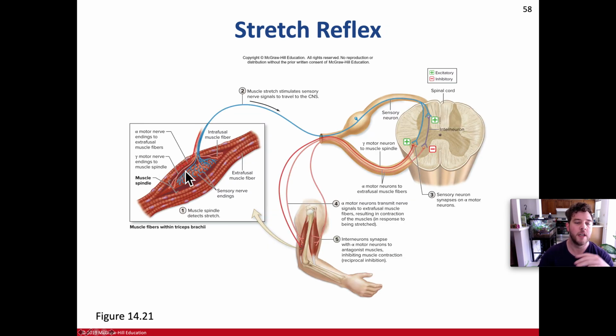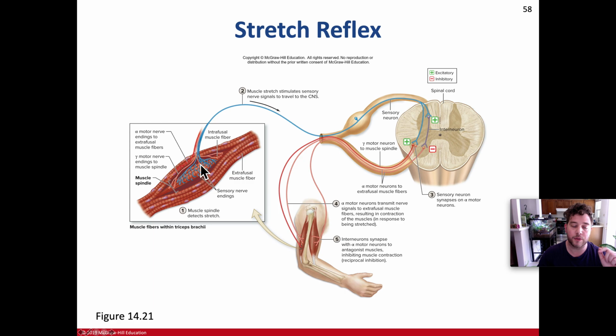here we go, I'm going to go right to this. So these intrafusal fibers within your larger extrafusal muscle fibers are what are going to be detecting or regulating your stretch reflex. So intrafusal fibers surrounded by gamma motor neurons, extrafusal fibers surrounded by alpha motor neurons.